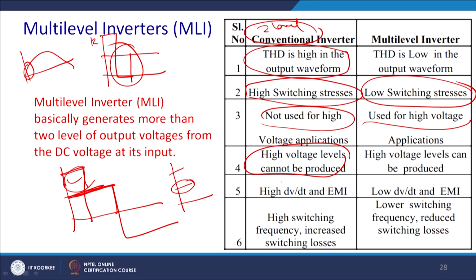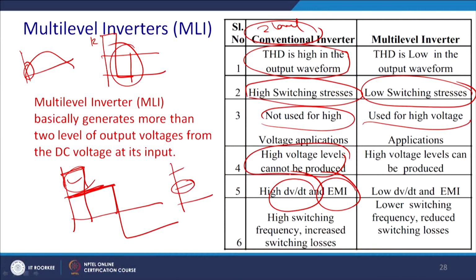High voltage levels can be produced by the multi-level inverter. Since the voltage drops heavily while turning on and builds up heavily across the switch while turning off, it will be subjected to high dV/dt, and all the switches have to be protected from the ill effects of the high dV/dt.